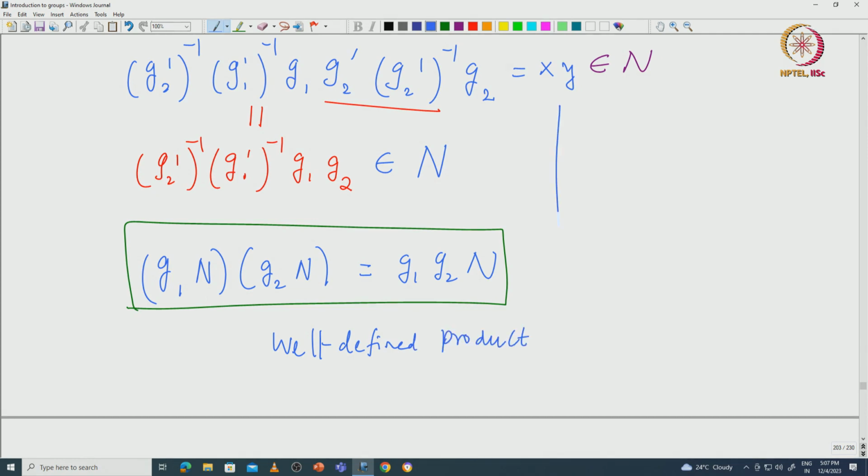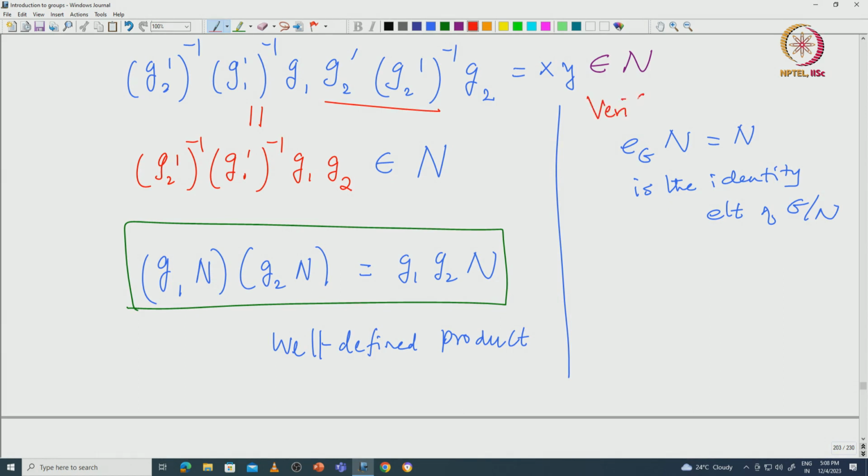Now I will leave it to you to check that if you take the identity times N, which is N, this is the identity element of G modulo N. This is something I will leave to verify. And if you take any gN inverse, that is exactly g inverse N. This is going to be the inverse of gN inside your G modulo N.